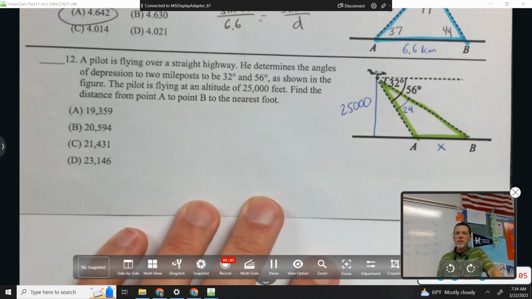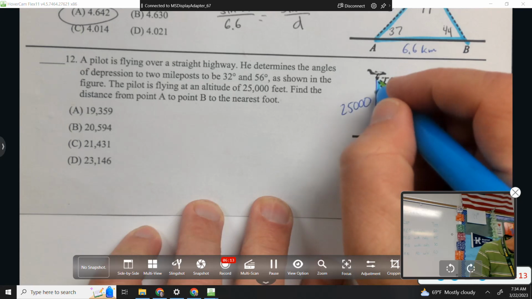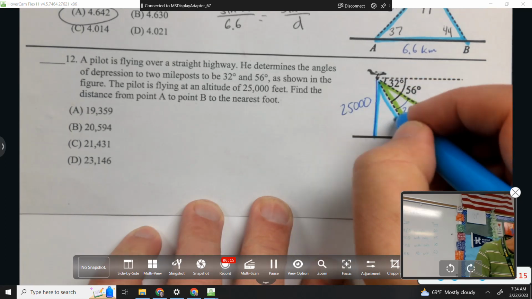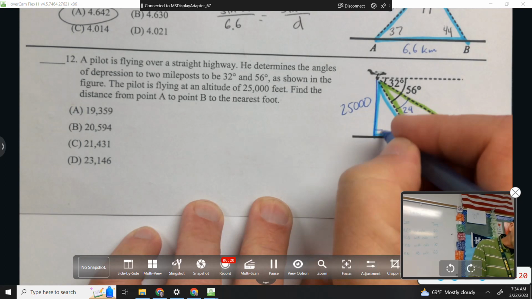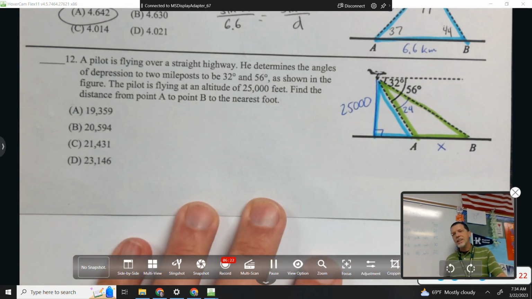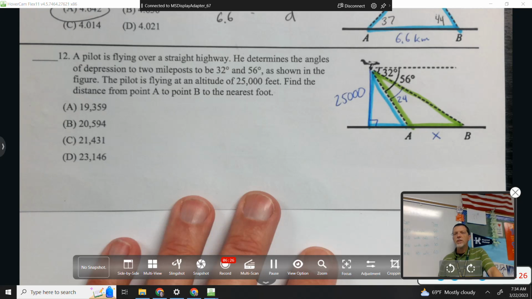But the trouble with that triangle is I don't have any distances on that triangle. So I can't do much yet. I did one of these kind of like this yesterday where we used one triangle to find a length and then use that in the next triangle over. That's, I think, what's going on here.